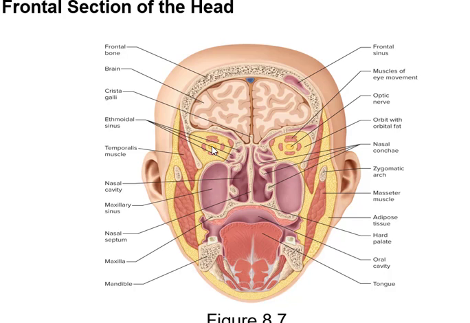And then you have those sinuses. You have the different muscles. You have different nerves, like the optic nerve. You have tissues. For example, you have this big fatty adipose pad around your eye. So it's important to know these various things.